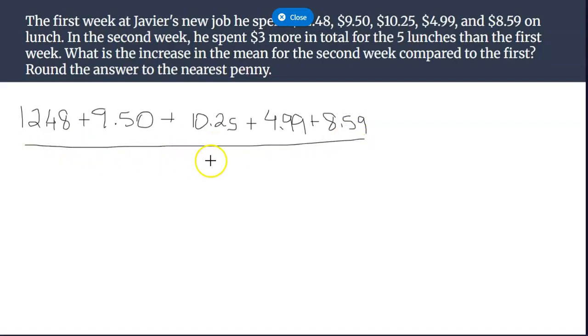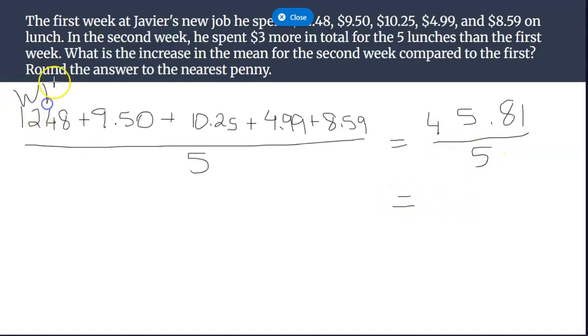So we're going to sum up the total, comes up to $45.81. We divide that by 5, that gives us the average, and this is week 1, by the way. There's 2 weeks talking about here. Week 1, $9 to the nearest cent, $9.16. That's week 1.